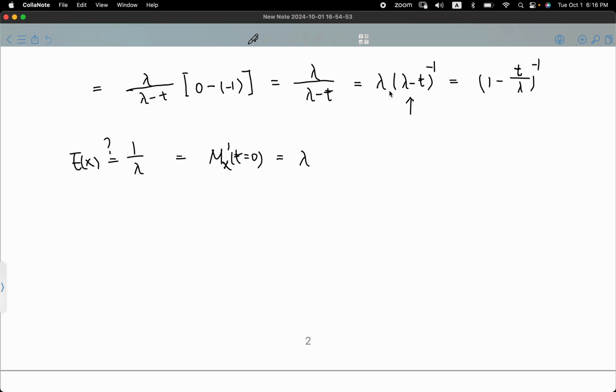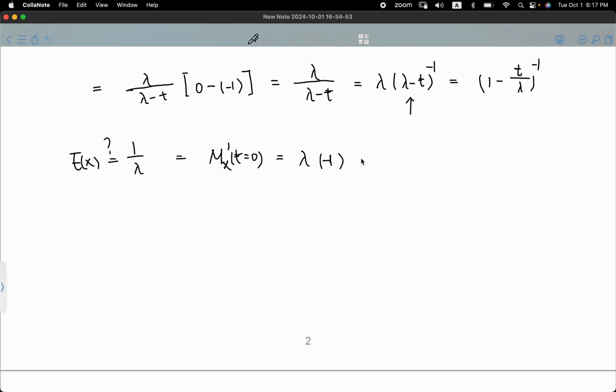Maybe we can work on the terms one by one. Here, when we take the derivative with respect to t, lambda is just a coefficient, so we have a lambda immediately. And then we have an exponent with a power of -1, so we can bring down a -1, maybe using a parenthesis to represent the negative sign. And then we have this one.